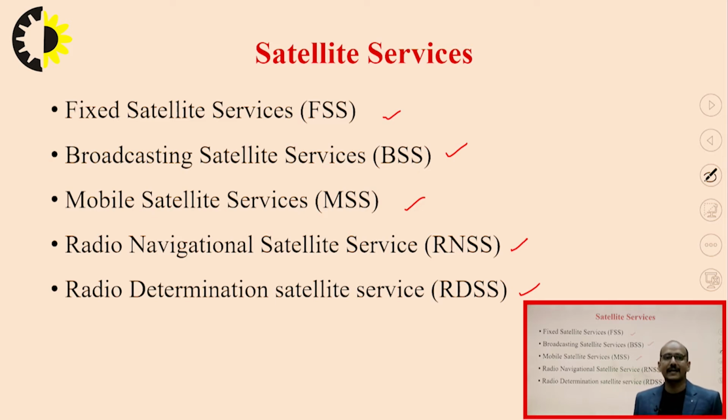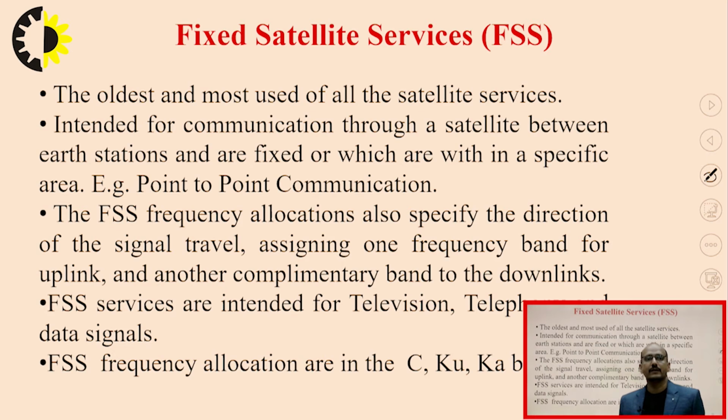This is the oldest and most used of all the satellite services. It is intended for communication through a satellite between Earth stations which are fixed or in a specific area. Basically, these fixed satellite services are used for point-to-point communication only.